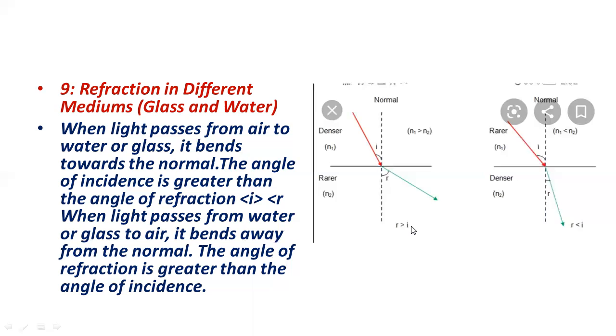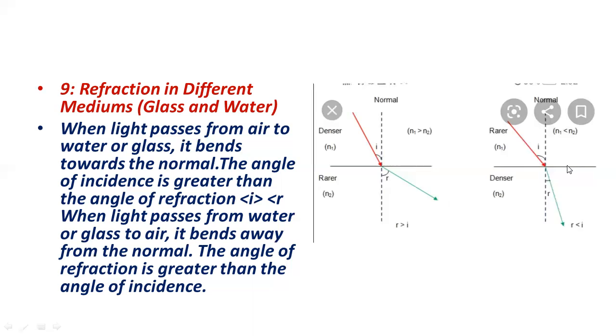This takes place when N1, the density of the medium, is greater than N2, or this is the denser medium and this is the rare, lighter medium. When the light enters from a denser medium, from water or glass, into a rare medium, in air, the light bends away from the normal, and angle of refraction is greater than angle of incidence.